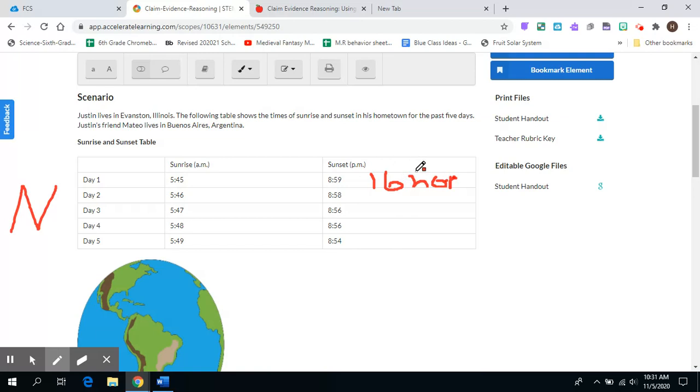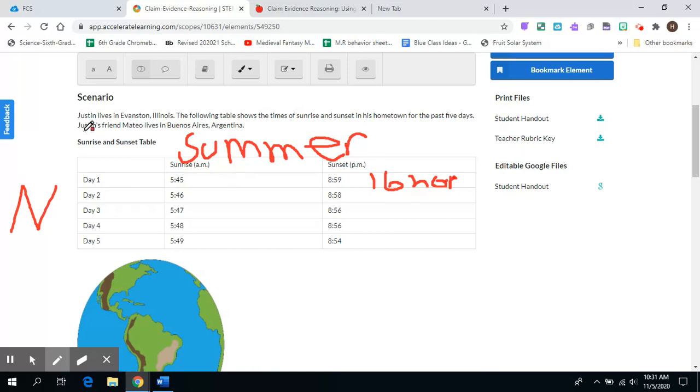So what that means is that's a really long day because we know it's a long day because it's over 12 hours. And if it's over 12 hours, we know that that is summer. So we know Justin in the Northern Hemisphere is experiencing summer.